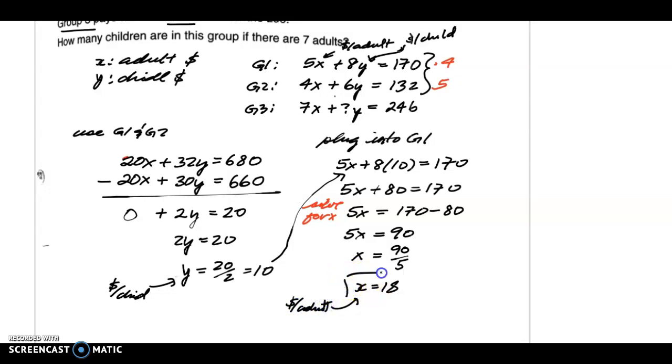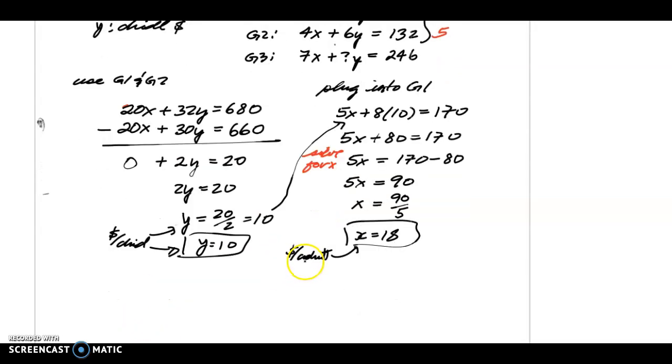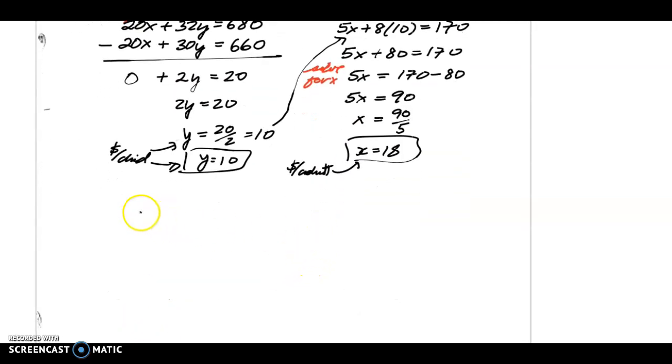So now we know the cost, right? y equals 10. So we know what the cost is for both child and adult, the admission price. Great, which means I can find out group 3. So knowing this, I can find the question mark in group 3, in G3.